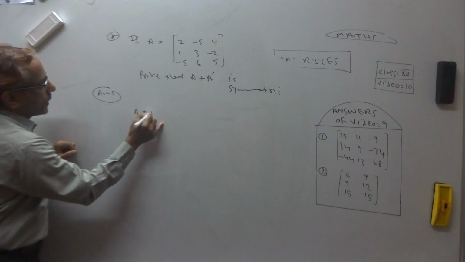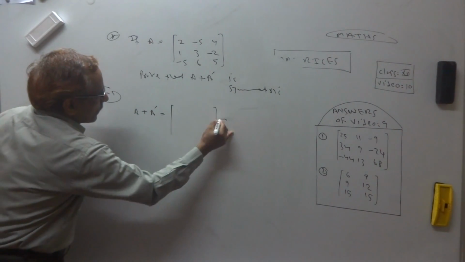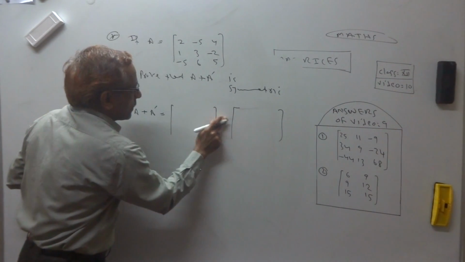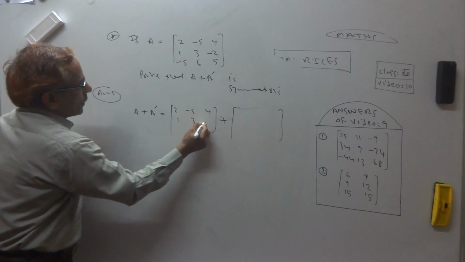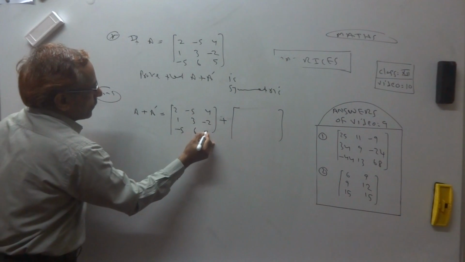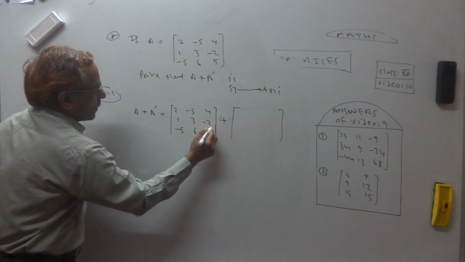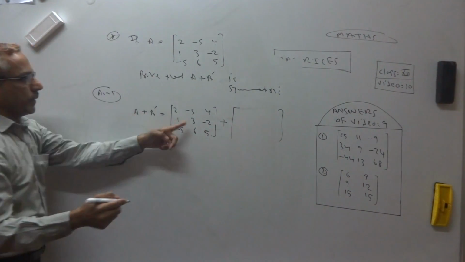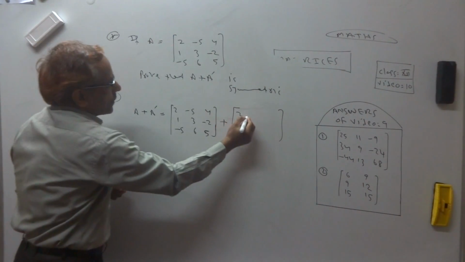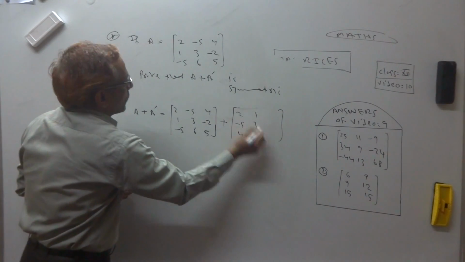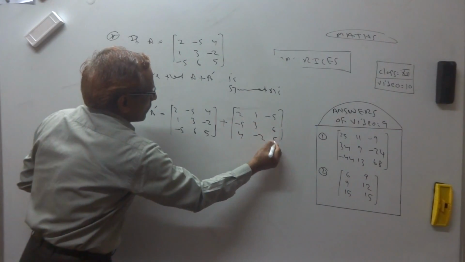I am finding A plus A dash. What is A? 2, 5, 4, 1, 3, 2, minus 5, 6, 5. This is A. Plus what is A transpose? First row is first column, second row is second column, third row is third column.